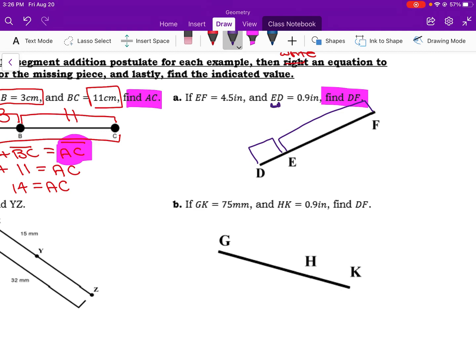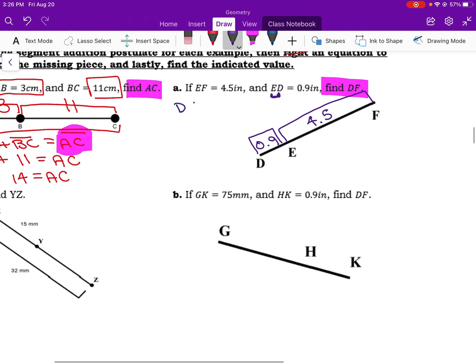So if we know that line segment ED is 0.9 inches, and EF is 4.5 inches, we want to find the entire length DF. So let's first write our segment addition postulate. In this case, we have DE plus EF equals DF. Notice that they did switch around the order, like we mentioned, of E and D here.